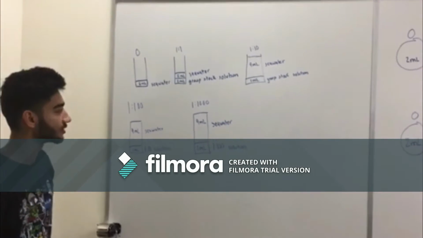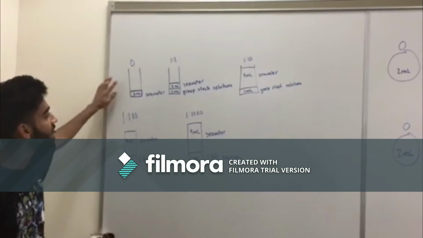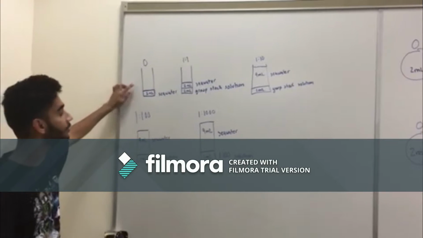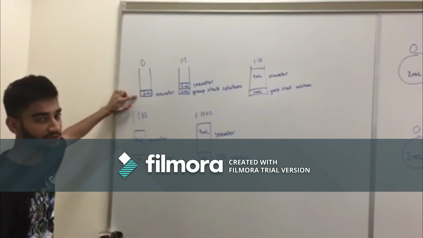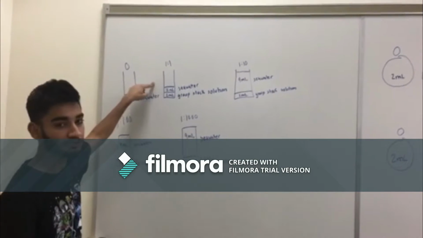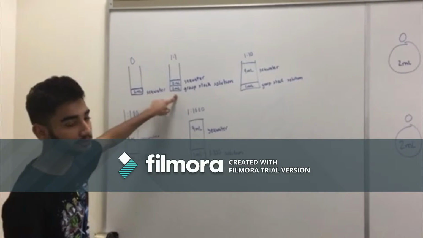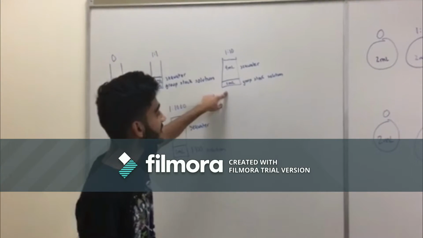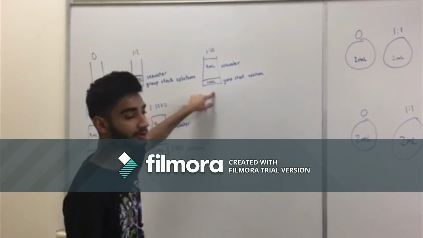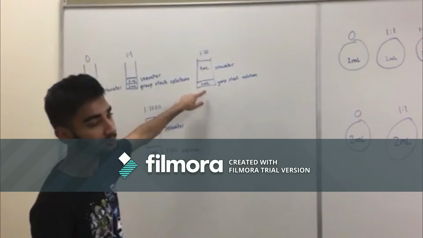To test our hypothesis, we had 5 tubes. The first tube is a zero solution, where you just have 2 milliliters of seawater. Then you have the 1-to-1 solution, where there's 2 milliliters of seawater, as well as 2 milliliters of group stock solution. Then you have the 1-to-10 solution, where there's 9 milliliters of seawater and 1 milliliter of group stock solution.